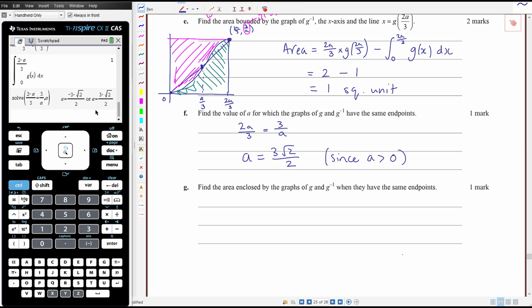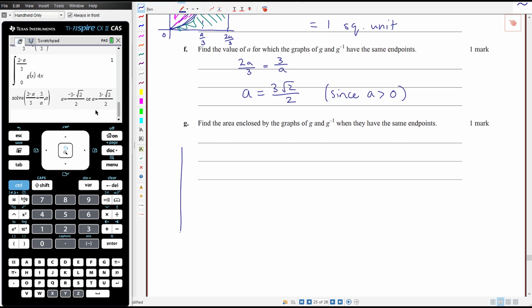Okay, so when they have the same endpoints, we're going to get exactly what I said here. We're going to get this perfect thing, where if they have the same endpoint, it's all going to be perfectly square. So if that's the point, (2a/3, 2a/3), or (3/a, 3/a), which would be the same thing, and they have the same endpoint, then when we draw the line y equals x, that also goes through that point and this point.